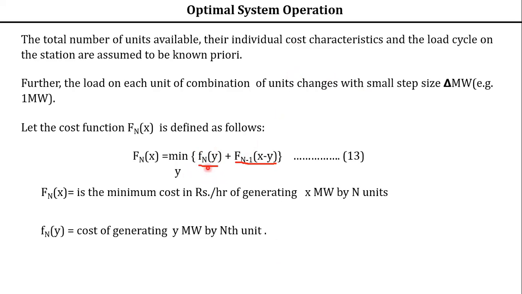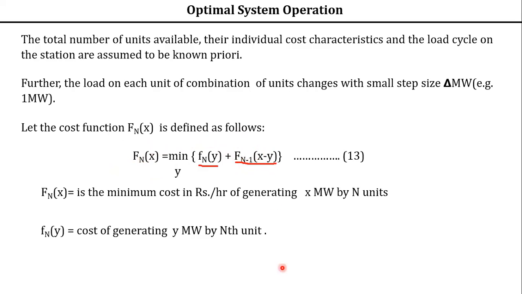Small f means single unit. Capital F means it is plural, n units. So this is nothing but cost, but which cost? Minimum cost in rupees per hour of generating x megawatt by n units. Now here also you see this is capital F, so it is similar to this one. How are we going to define Fn minus 1 of x minus y?